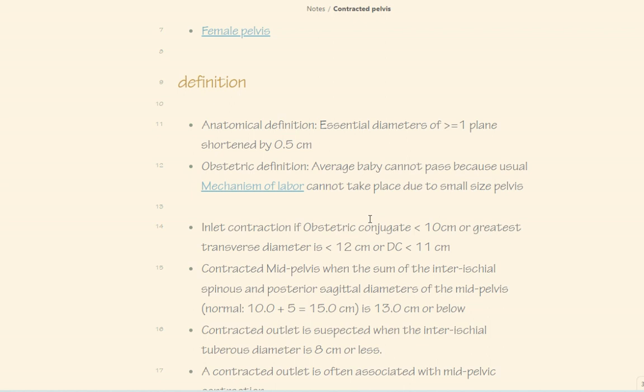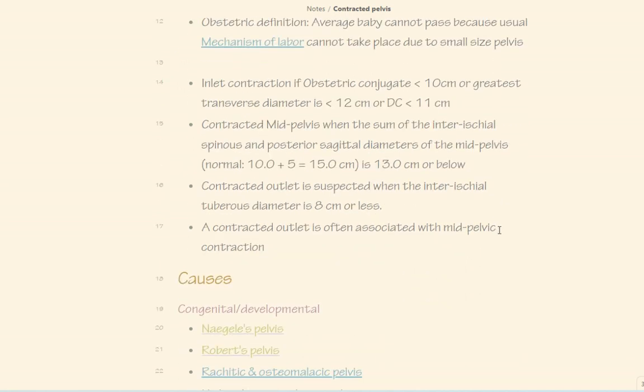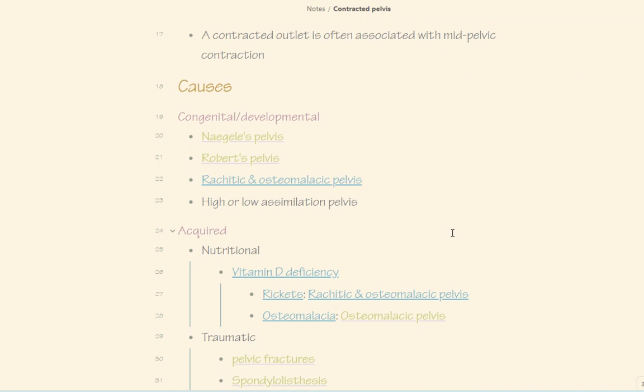If it is less than that, or in the mid pelvis, if the sum of interspinous and posterior sagittal diameter of the mid pelvis is 13 centimeter or below, or if the outlet has intertuberous distance, the distance between ischial tuberosities, less than 8 centimeter, then it is considered to be outlet contraction.